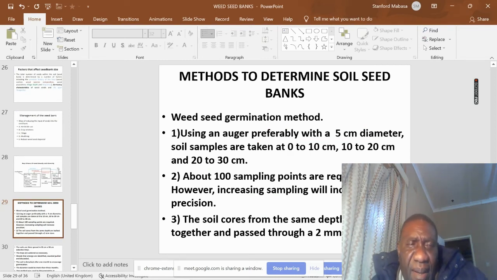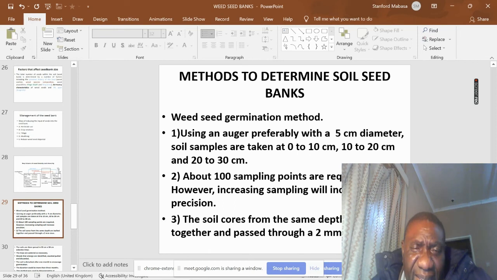We want to look at the methods which are used to determine soil seed banks. One of the most common methods is known as the weed seed germination method. What you do, you use augers, preferably 5 centimeters in diameter, and you take soil samples from 0 to 10, 10 to 20, and 20 to 30, so that you can see the weed distribution.